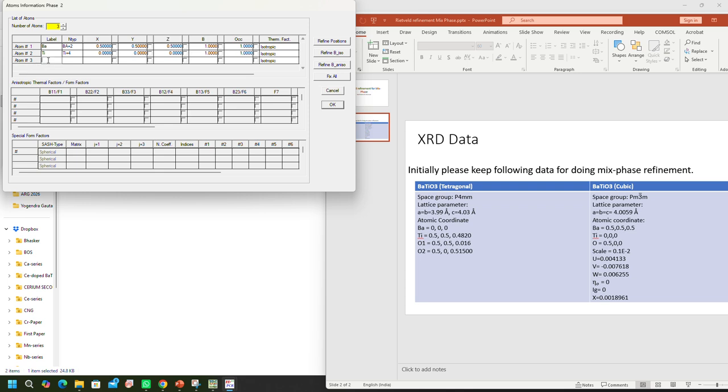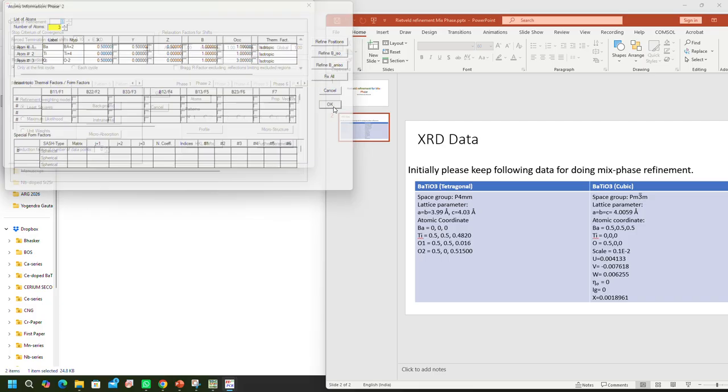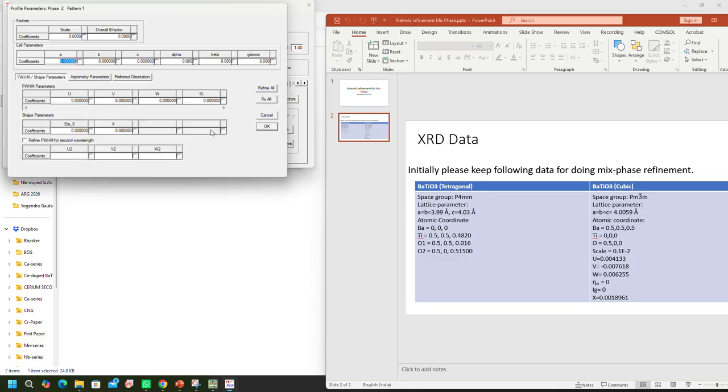So now go to the oxygen. Oxygen is O minus 2, and the atomic coordinate for oxygen 0.5 0 0 1 3. Again fix all. Okay, now go to the profile parameter for the phase 2.